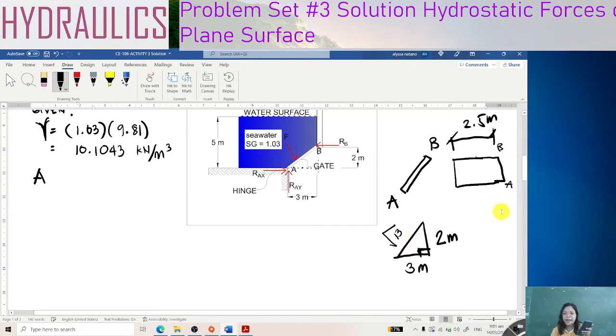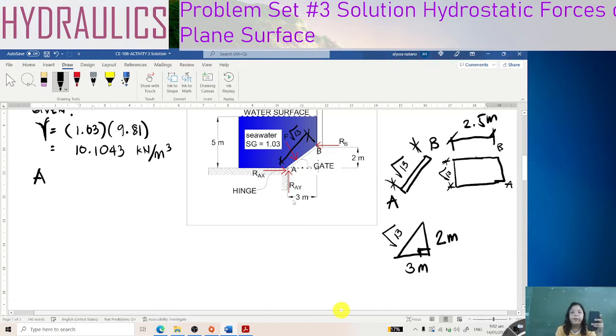Yan ang ating distance from B to A. So, square root of 13 is square root of 13. Hypotenuse lang yan. Okay?